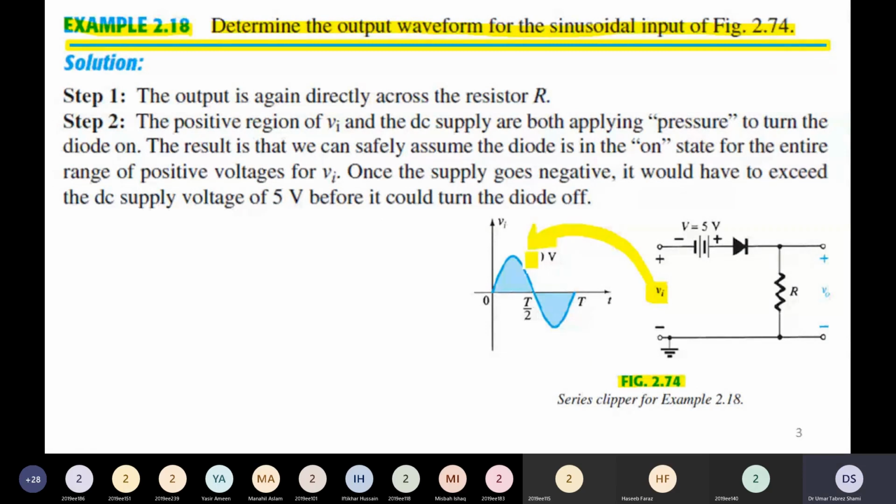The peak voltage of the sine wave is 20 volts. The total time period of the sine wave is T. And then we are using one external DC voltage of 5 volts.